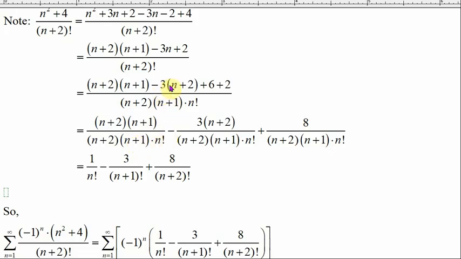And then this part here we get minus 3 times (n plus 2) over (n plus 2) (n plus 1) n factorial. And then the last part here we get 8 over (n plus 2) (n plus 1) n factorial. And then right here, this will be simplified to 1 over n factorial. And then this right here we get 3 over (n plus 1) factorial. And then over here we just get 8 over (n plus 2) factorial.